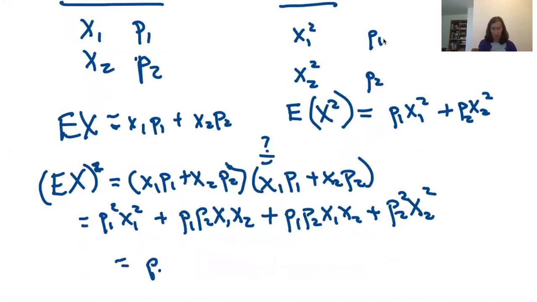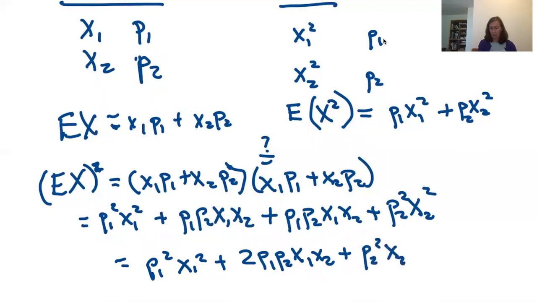It's equal to p1 squared x1 squared plus 2 p1 p2 x1 x2 plus p2 squared x2 squared. Oh yeah, we should recognize that as the formula of a perfect square anyway. Well, it's not obvious that these two are the same at all.